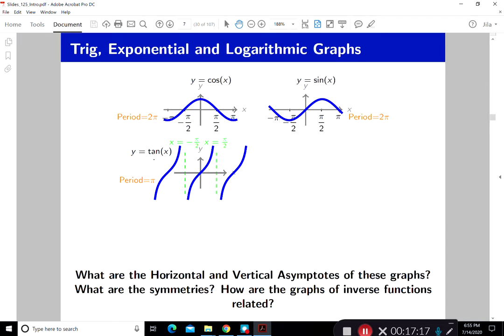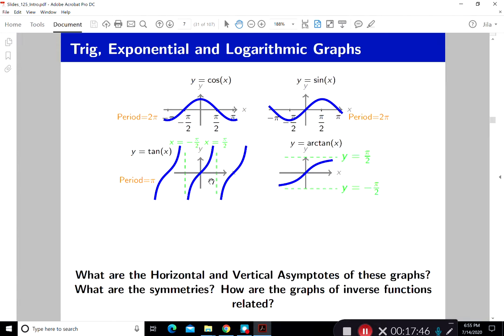Tangent of x is equal to sine of x over cosine of x, and cosine of x equal to 0 gives you pi over 2, -pi over 2, and so on and so forth. By the way, the period of tangent of x is just pi, because it repeats after every pi.